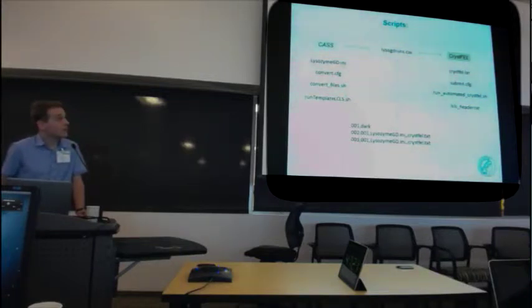A similar thing is for CrystFEL: a text file that contains all the CrystFEL parameters that you can tweak, the config file with the paths and everything, the script that runs CrystFEL, and also the template for the script to submit the jobs to the batch queue, the batch farm.